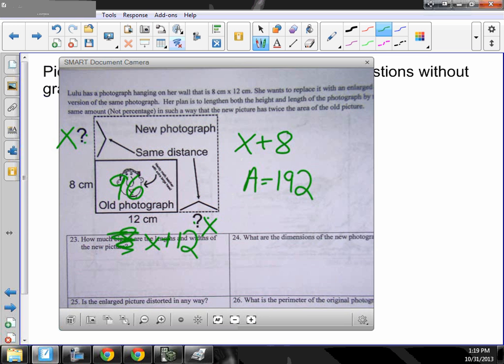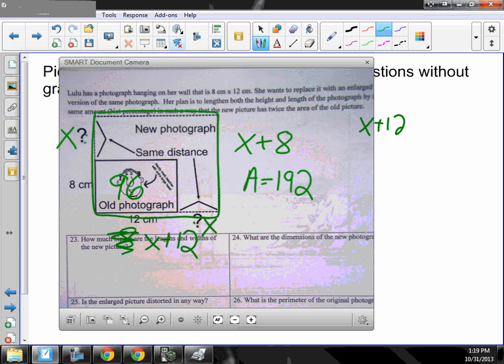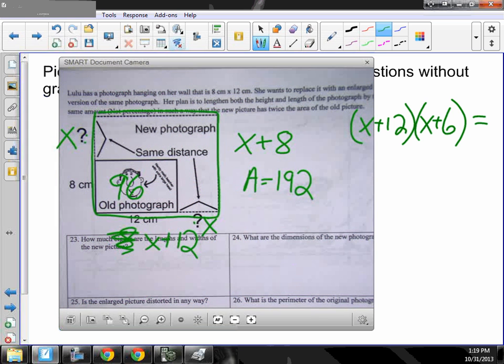Well, how do we calculate this area? What's the formula for area? Length times width. Well, one of the lengths is x plus 12, and the other length is x plus 8. So x plus 12 times x plus 8 equals, we know how big it is, right? 192. Yes.